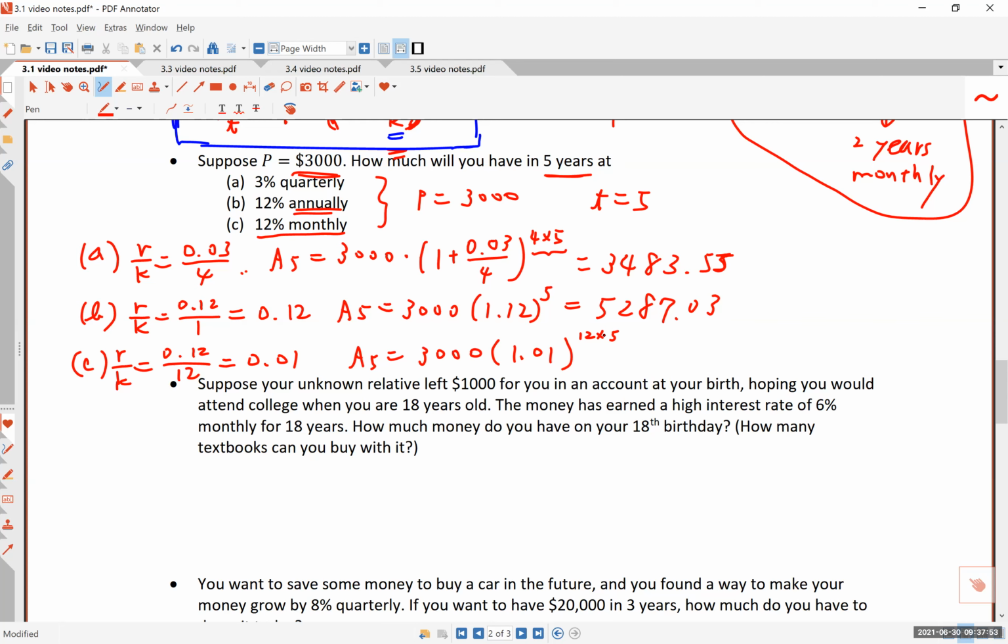And 60 is the total number of compounding periods in this question. So you take 1.01 raised to the 60th power, and you multiply that by 3,000 to get 5,450.09.